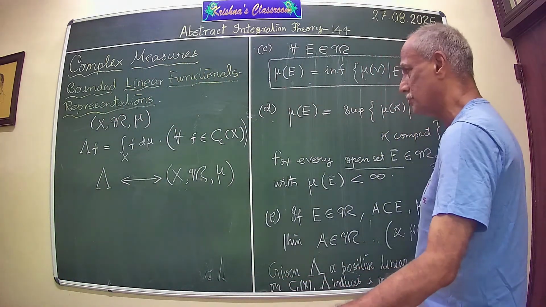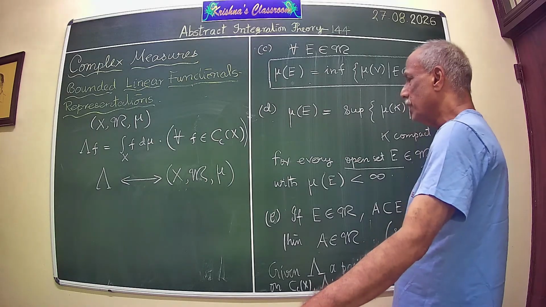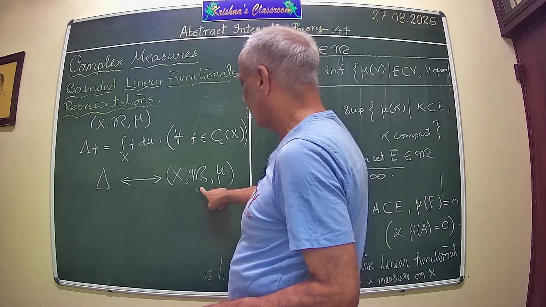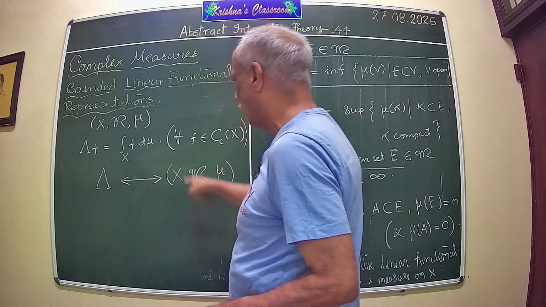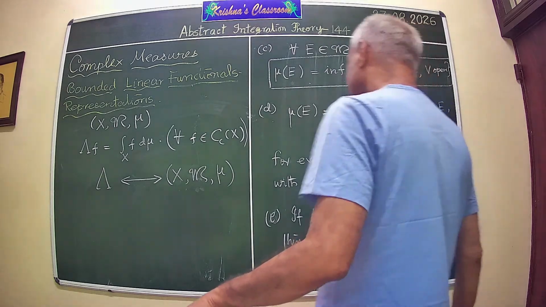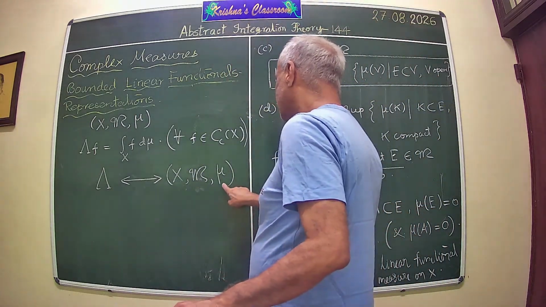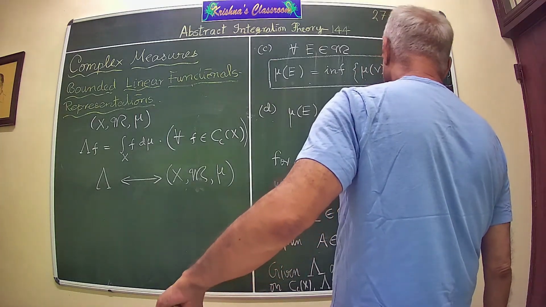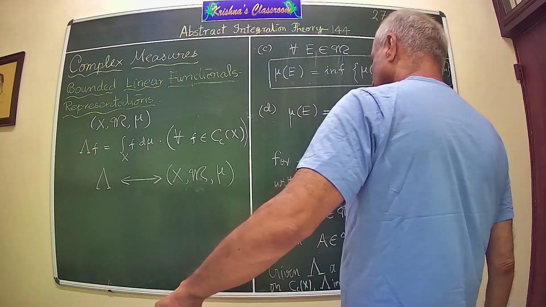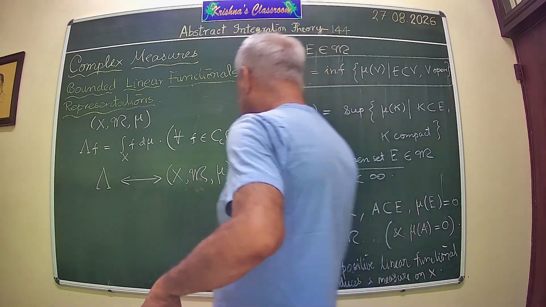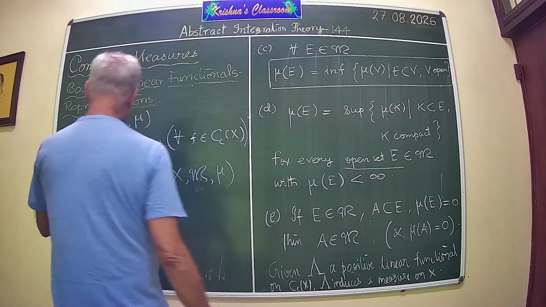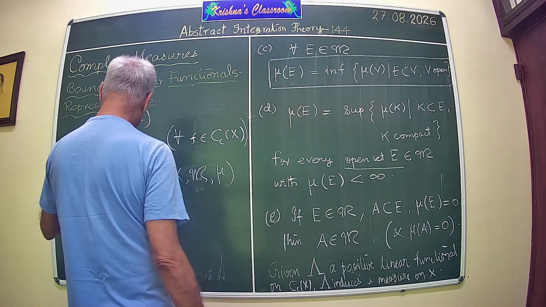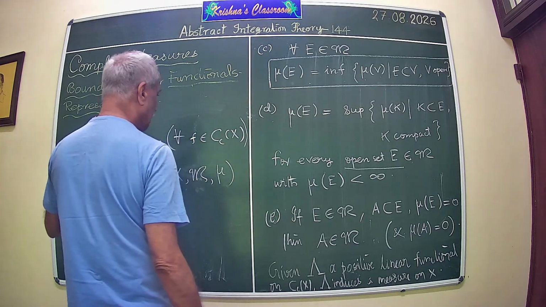And conversely, if M is the set of all Borel sets on X, and mu is a given positive measure of that type, then it defines a positive linear functional on CCX.